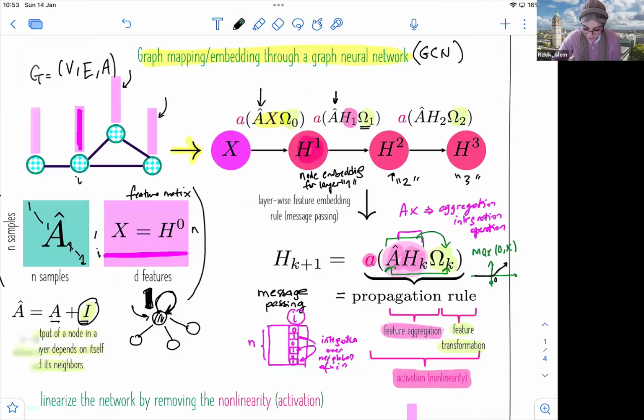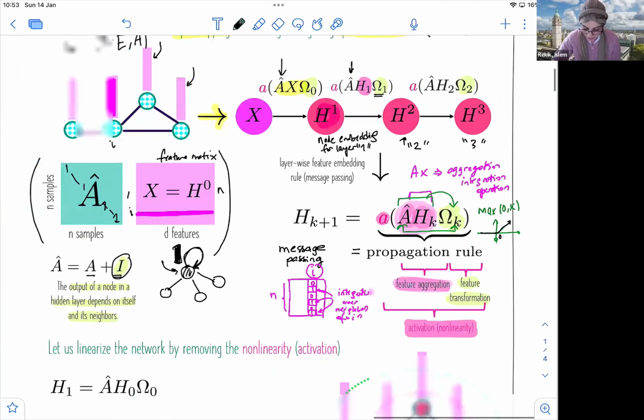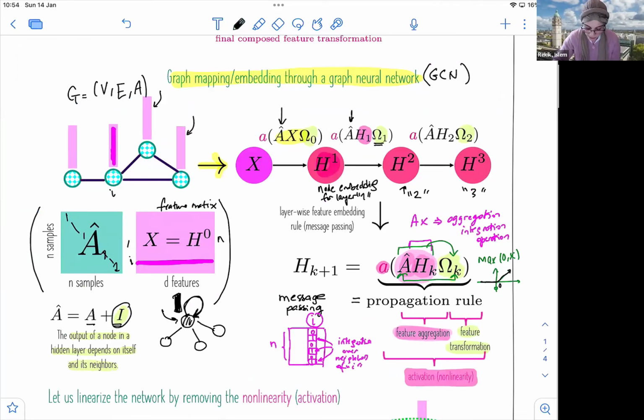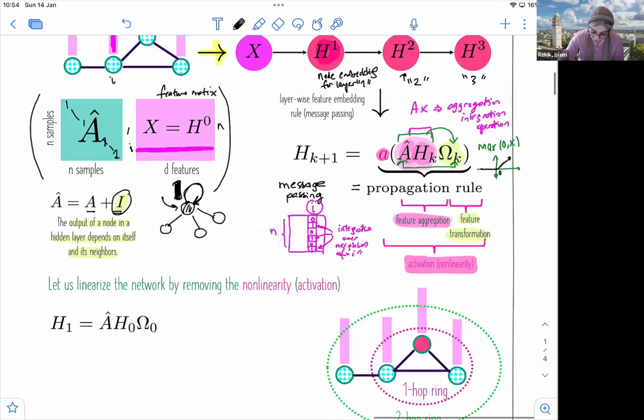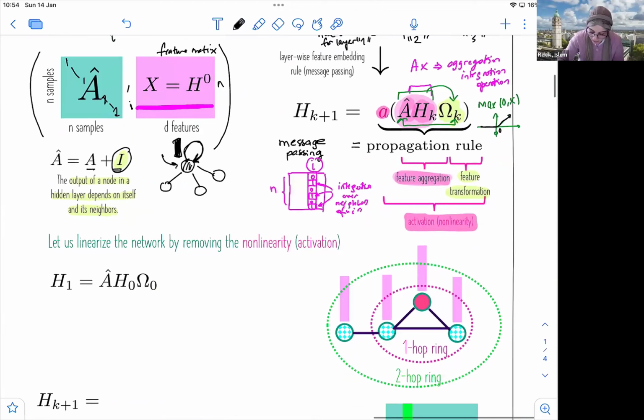Now you can see that through this A, we're doing aggregation through the neighborhood. Every time I take this embedding, I update it based on my neighbors. I aggregate these embeddings, the first aggregation being summing them up through this first block, and also take into account the self connection, the self embedding.